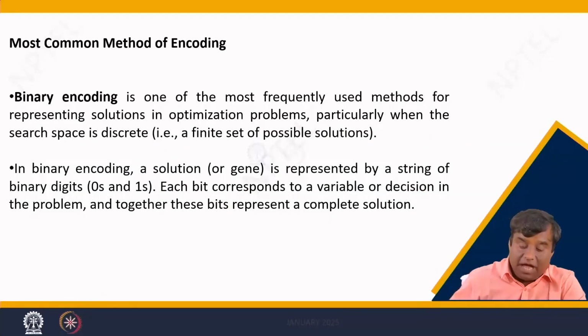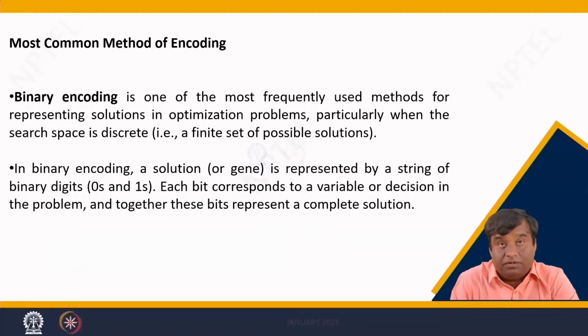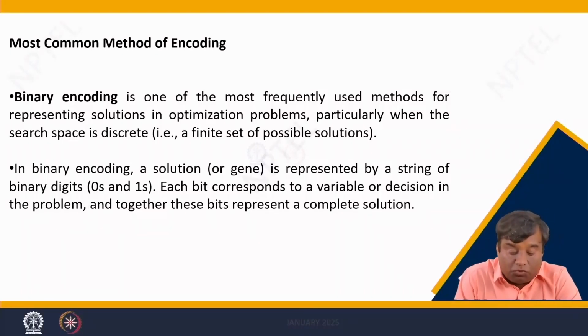We have studied binary encoding, real encoding, and permutation encoding, etc. Now try to understand the comparison between these encoding techniques. The most common method of encoding is binary encoding.